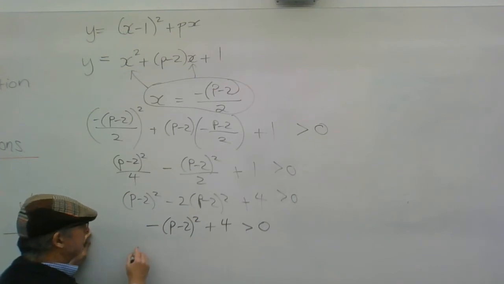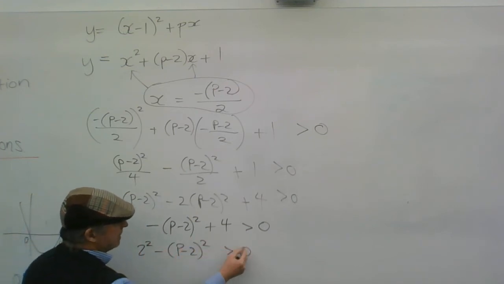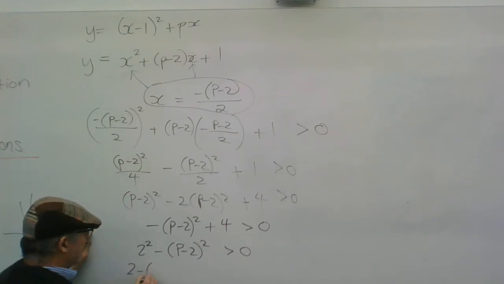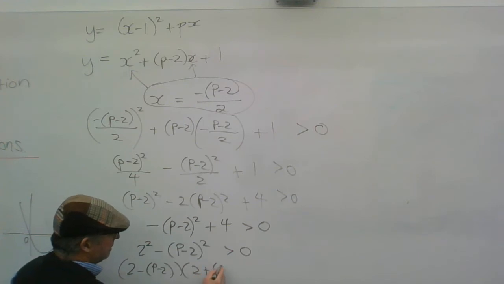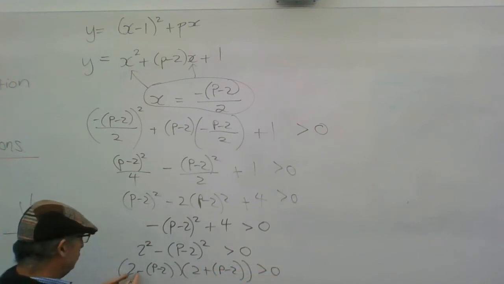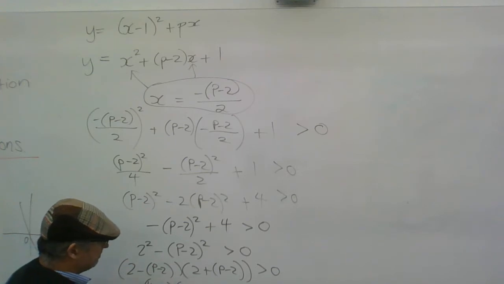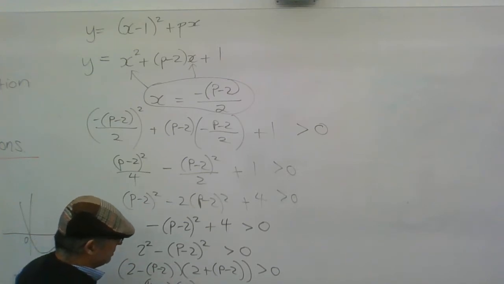So that's a squared minus b squared is bigger than 0. So a minus b, a plus b: 2 plus 2, that's 4. So (4 minus p) times p is bigger than 0.